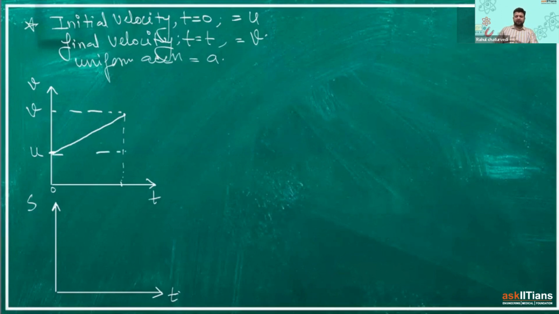As we have already seen, the slope of the VT graph gives you acceleration. So in this particular case, for this theta, suppose this point is A, B, C, and this point is M. So tan theta, or slope, will be equal to BC upon AC.